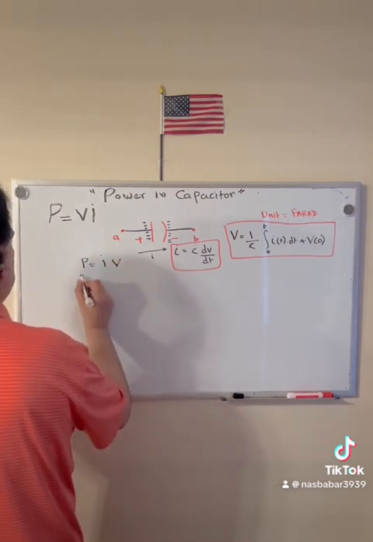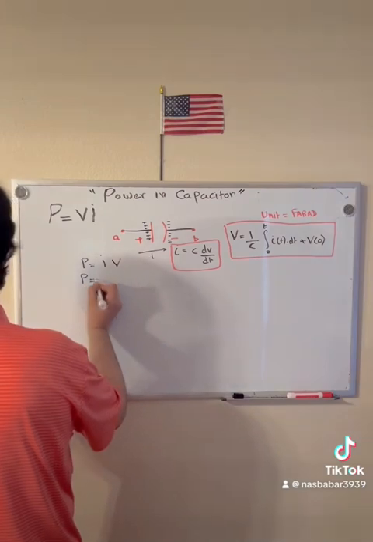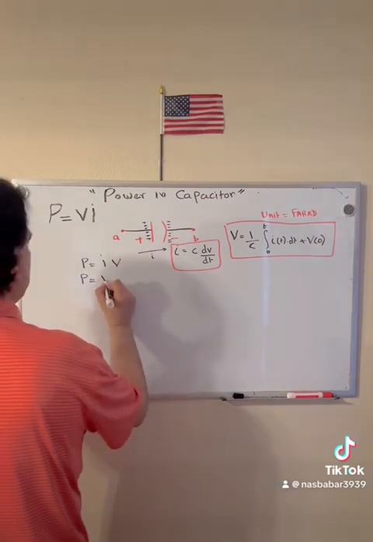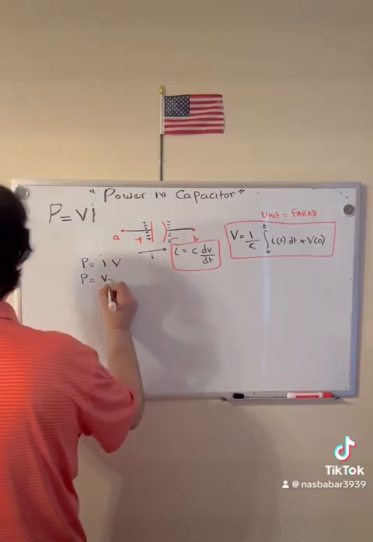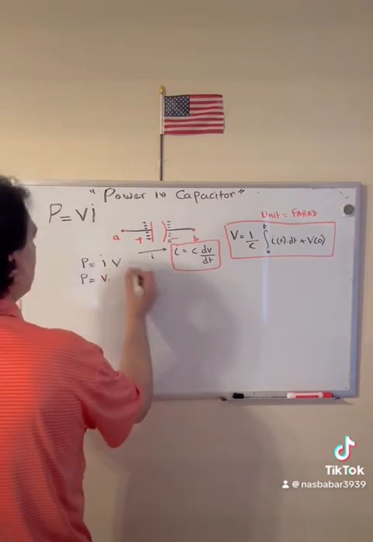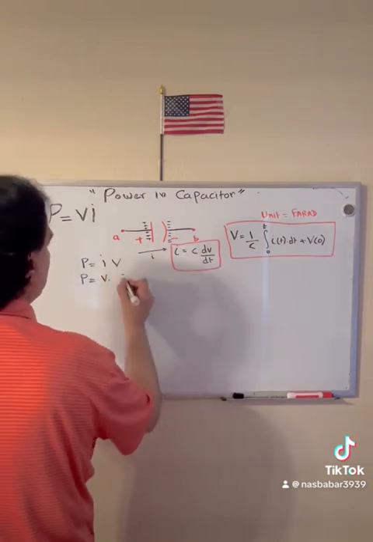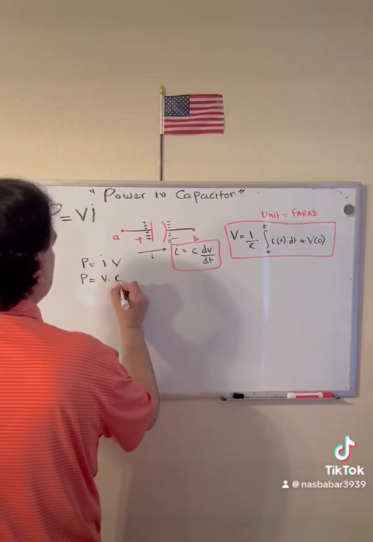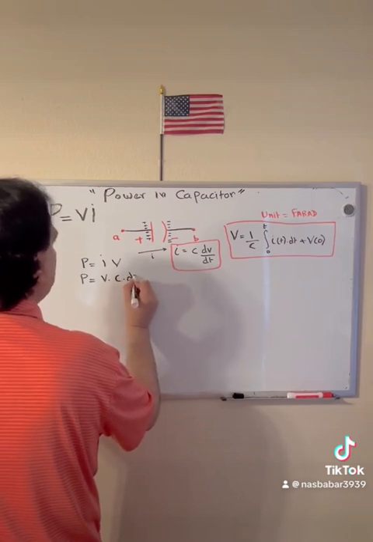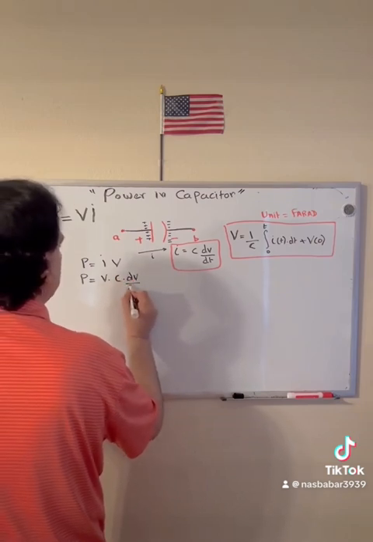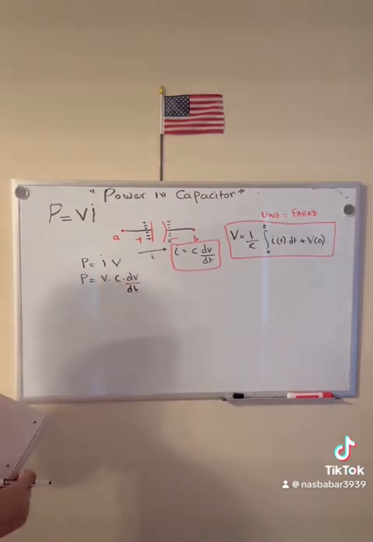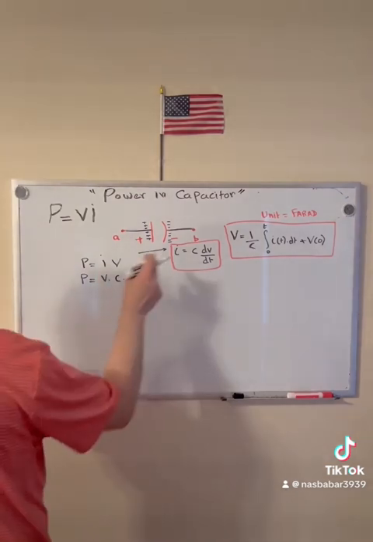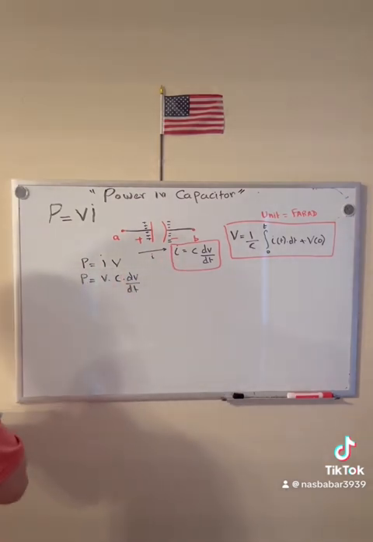Then P is equal to, we know V, voltage, times, we know the current, we derived it in one of my last lectures. So it's going to be C times dV over dt. No rocket science over here. All I'm doing is plugging in the value of current in here, okay?